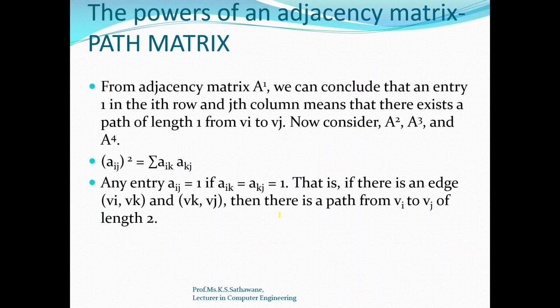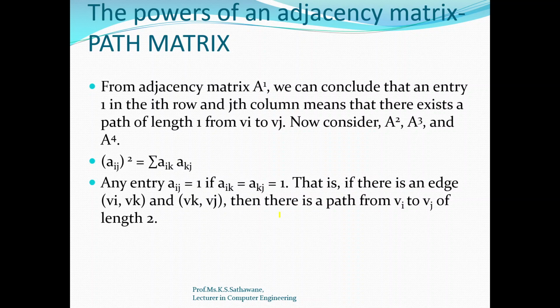The powers of an adjacency matrix, or path matrix. In our previous example, we have seen that if there exists a single edge between two nodes, we write it as 1. But there may be a case where there is no direct path, but there is an indirect path between the nodes.